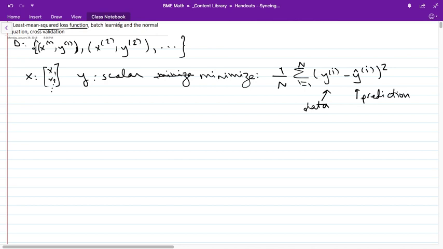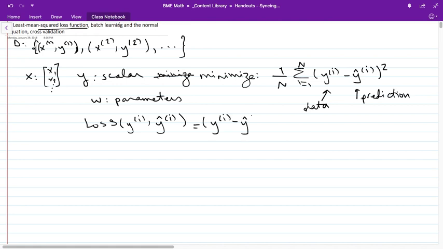So we want to find some parameters, which we're going to call W, which are the parameters of our model that are going to minimize a mean squared error. So this is our loss function. The loss associated with observation y and prediction y hat is going to be the squared error. So the difference between prediction and observation squared is what we're going to call error.